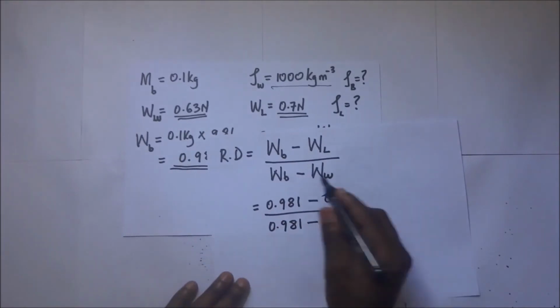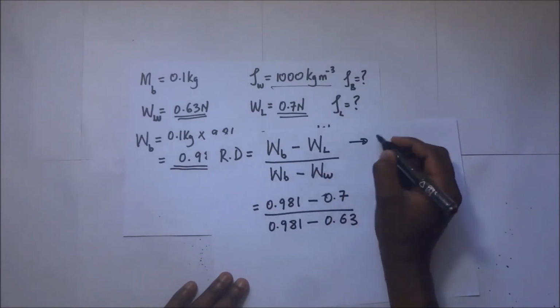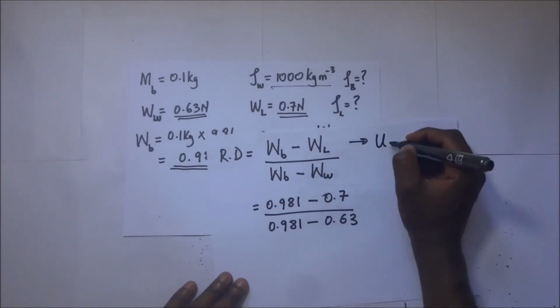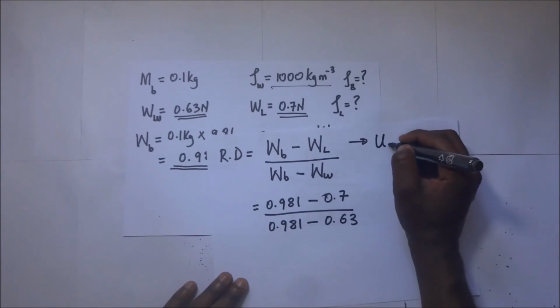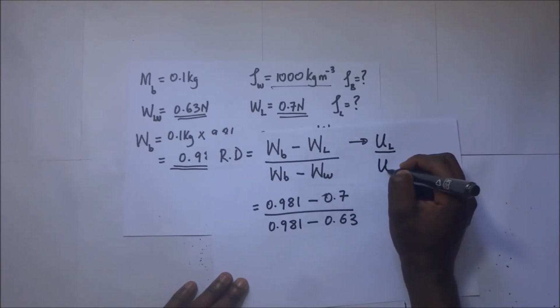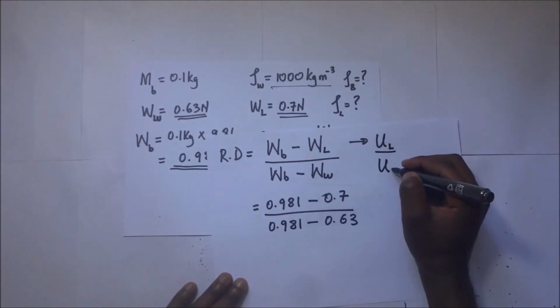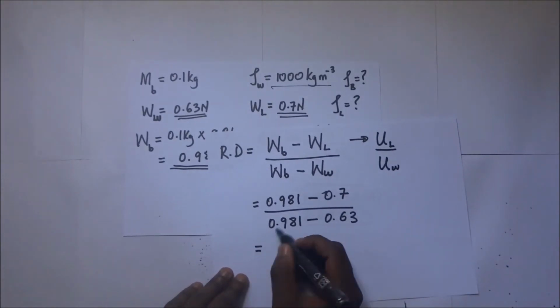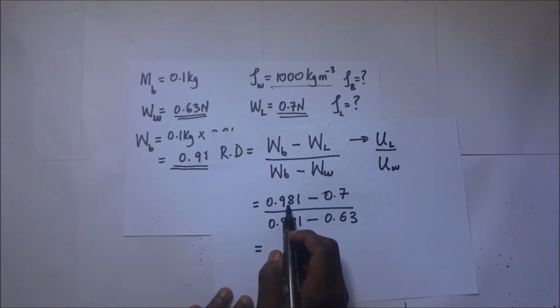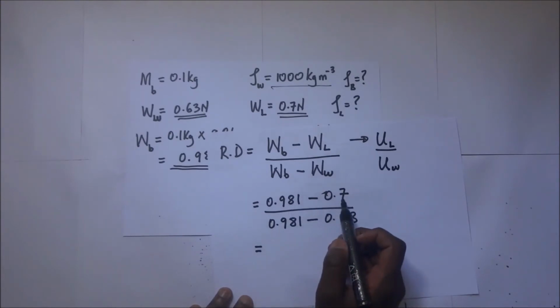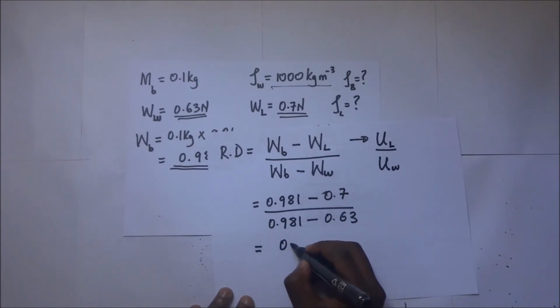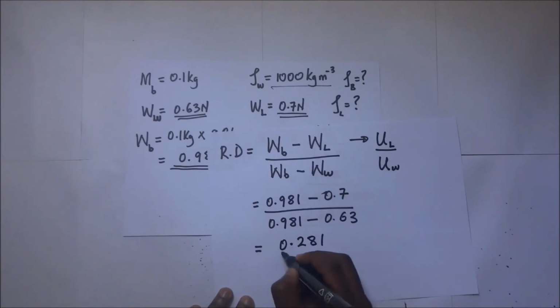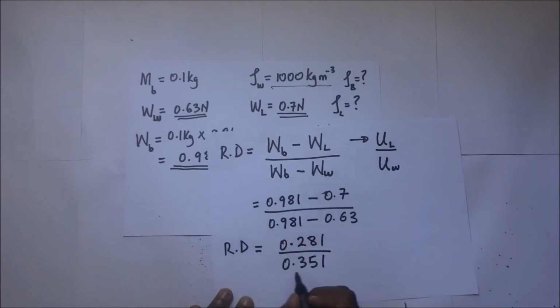And by the way, this apparent loss in weight is the same as saying the upthrust experienced when it is in the liquid, divide that by the upthrust experienced when it is in water. So to continue, 0.981 minus 0.7 is going to give us 0.281, divide that by 0.351. That's the relative density.